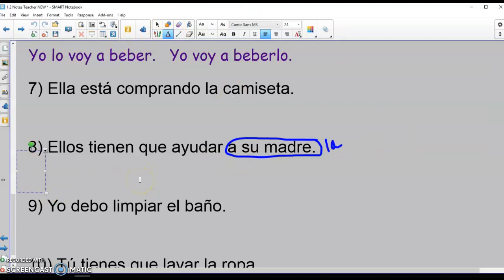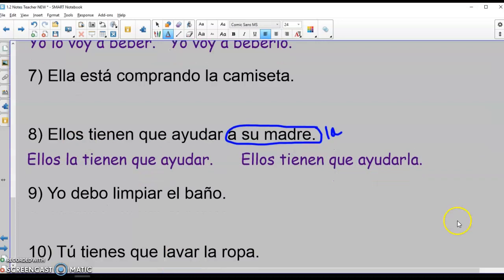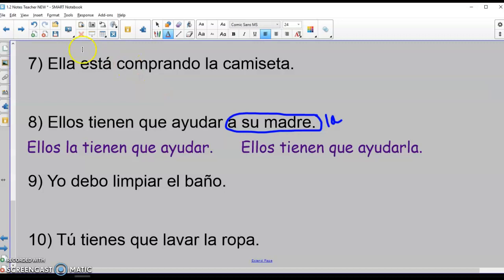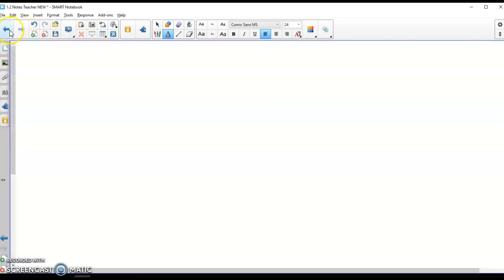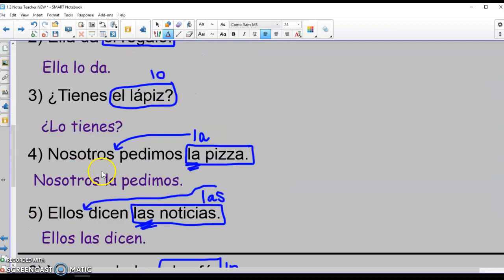And my options would be ellos la tienen que ayudar, that's before the conjugated verb, or ellos tienen que ayudarla. You actually have an example like that right in your vocab list. Okay. So those are the notes on direct object pronouns.